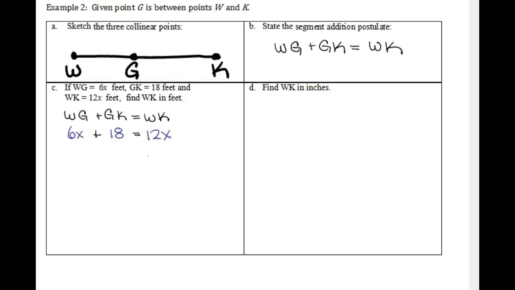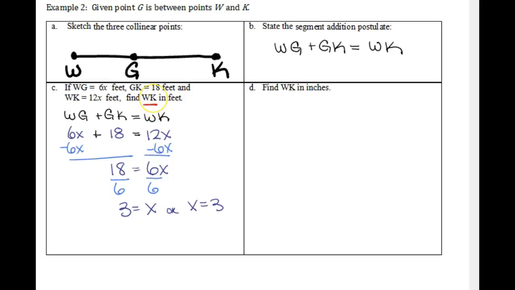Now we're ready to solve the equation. 18 equals 6x. 3 is x, or x is worth 3. Our job is to find WK, so we're not quite done yet. WK is 12x. Substitute 3 for x. WK is 36 feet.